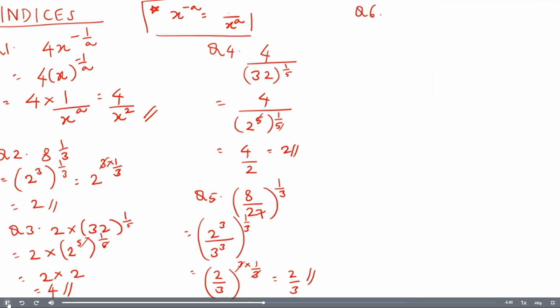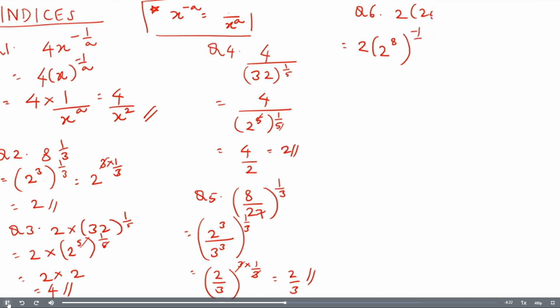Next question, 2 into 256 to the power minus 1 by 8. This is nothing but 2 into 256, which is 2 to the power 8. When you keep doing these problems, you'll remember the powers of important numbers. You can use the calculator and check whether this is correct for now. 2 to the power 8 is 256.